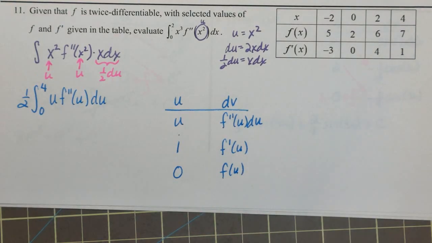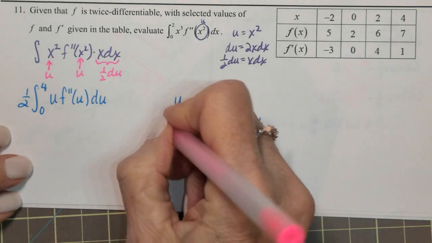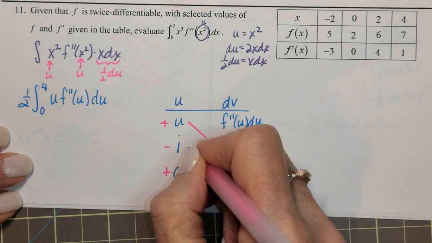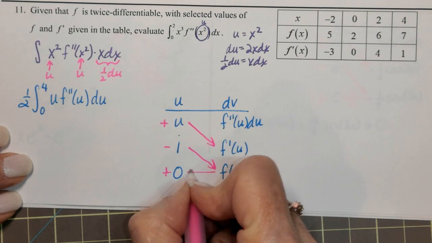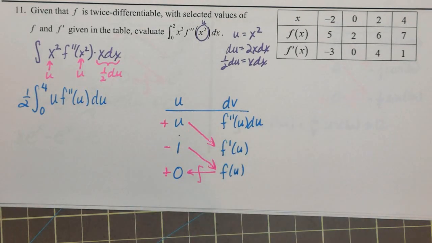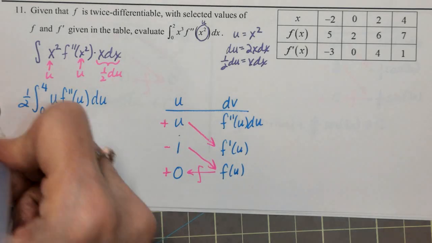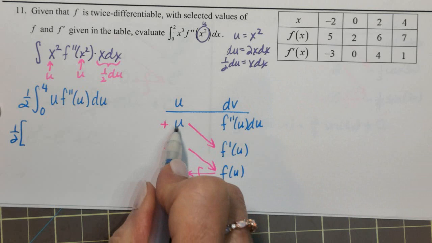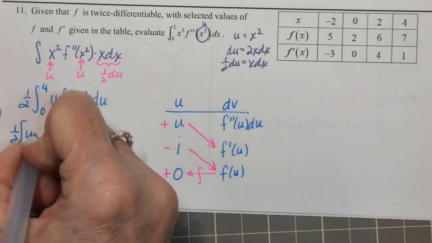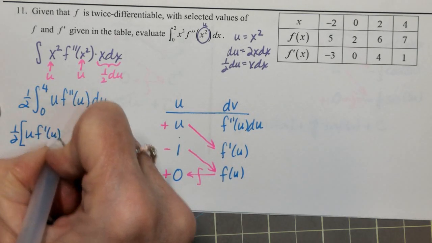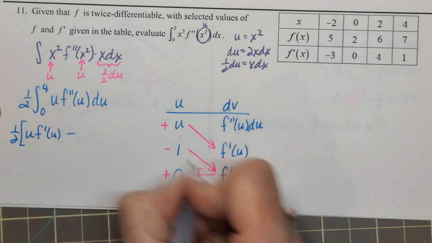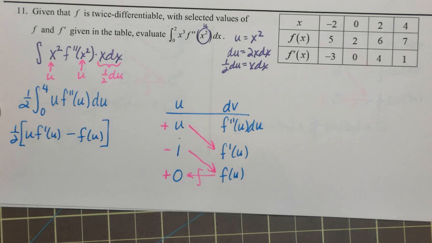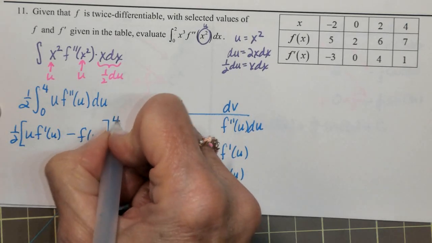So we get plus minus, yes? Multiply diagonally, integrate horizontally, and we get 1/2 times u times f prime of u minus f of u from 0 to 4.